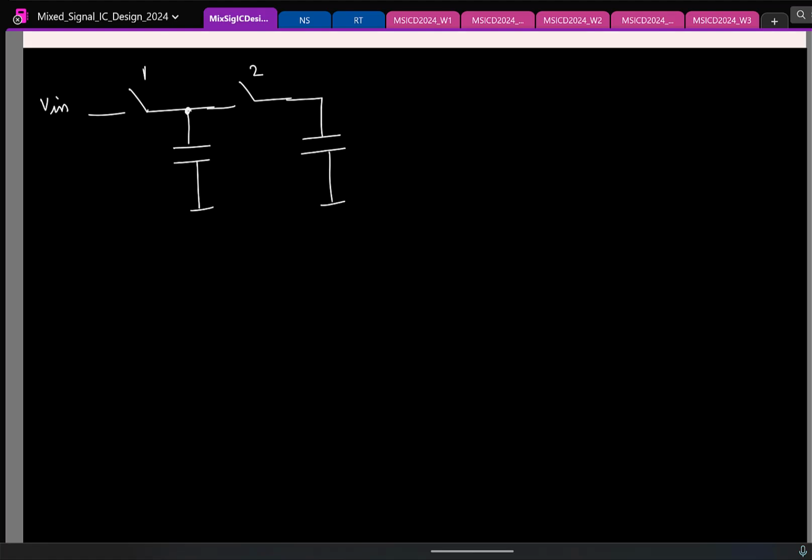Let us say the voltage across C2 is what I am defining as V out, and with the same convention, the signal sampled at the falling edge of phi 1 is V of n. Now I am interested in finding what my V out is at the nth clock edge.